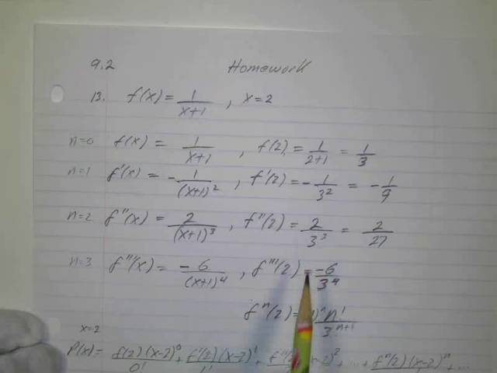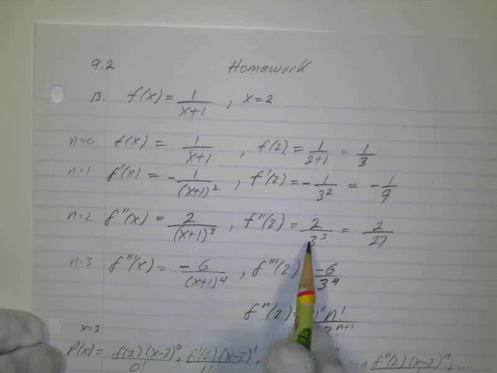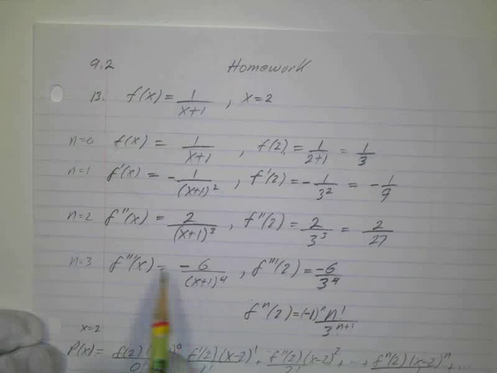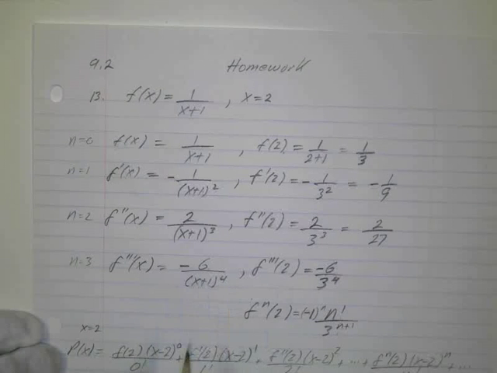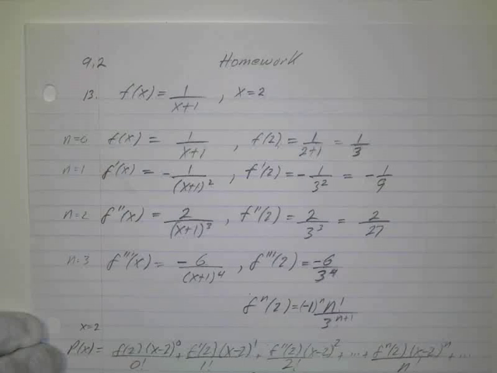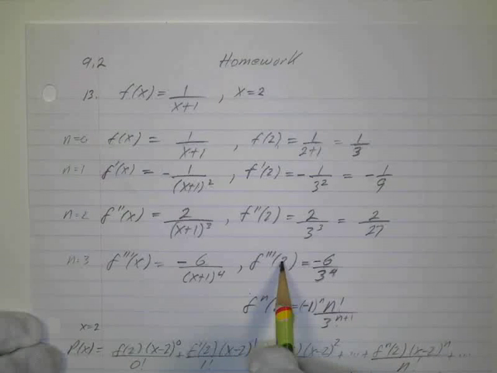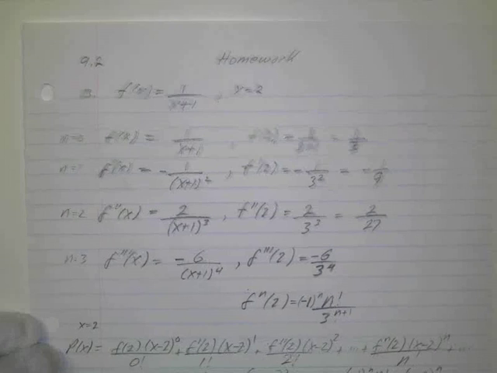So f double prime of 2 is 2 over 3 to the third, or 2 over 27. And then f triple prime ends up being negative 6 over x plus 1 to the fourth, so f triple prime of 2 is negative 6 over 2 plus 1, 3 to the fourth.